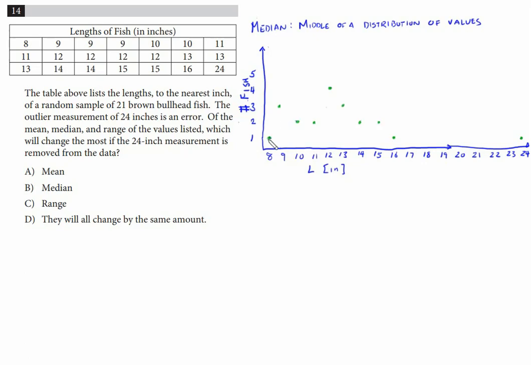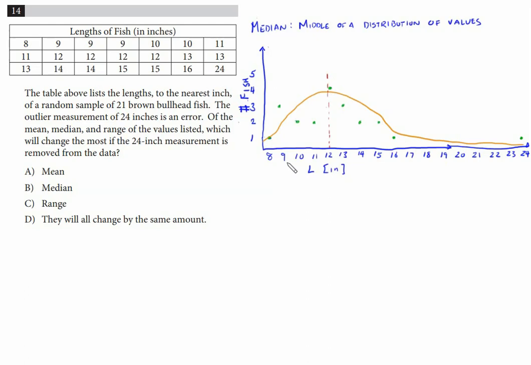You have 1 fish at 8 inches, 3 at 9 inches, 2 at 10, and so on. And the distribution of this would be a curve that would try to follow the shape of these data points. And the median is represented by the peak of this curve.